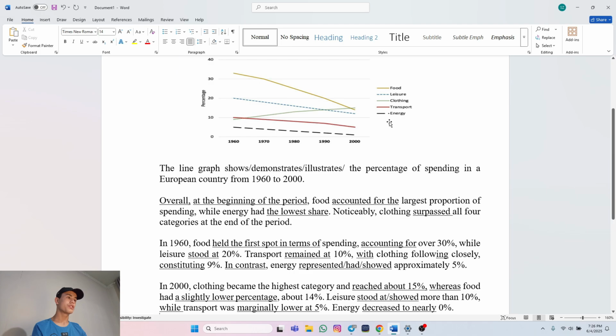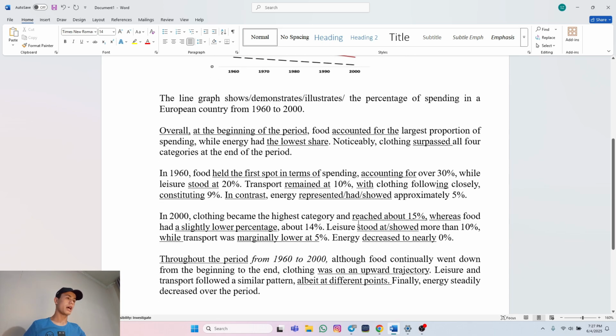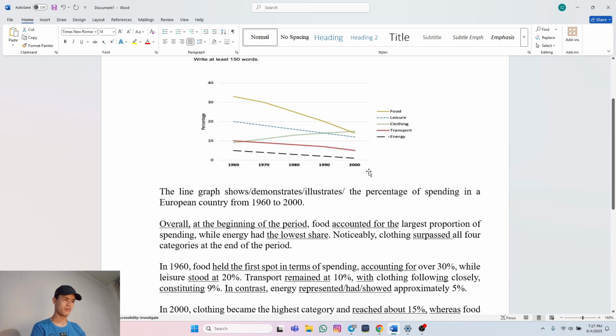Okay, the last one is energy. Energy is left undescribed, so we describe it in 2000, or you can use lastly. Okay, lastly, the energy decreased to nearly 0%, right?